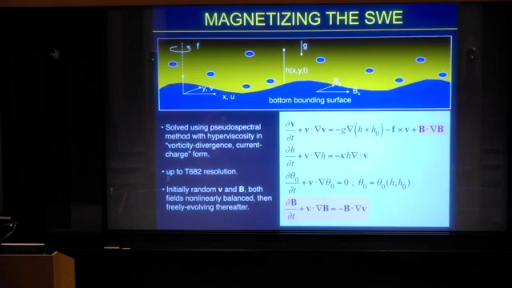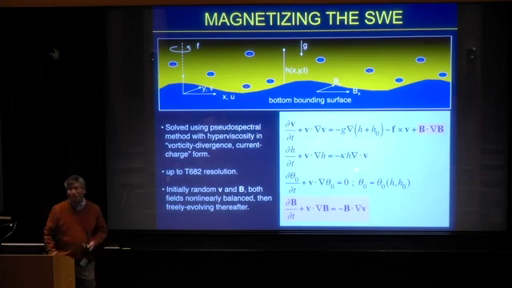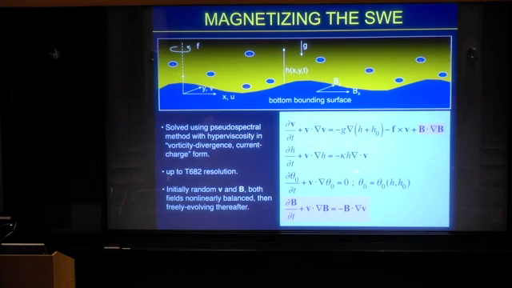It's a type of viscosity called hyperviscosity, which can be fairly easily implemented in a spectral algorithm. And the whole thing is solved in vorticity-divergence-current-charge form. This form of the equations is particularly easy to solve within the spherical algorithm. So, we've done essentially thousands of simulations exploring all the parameter space in full.